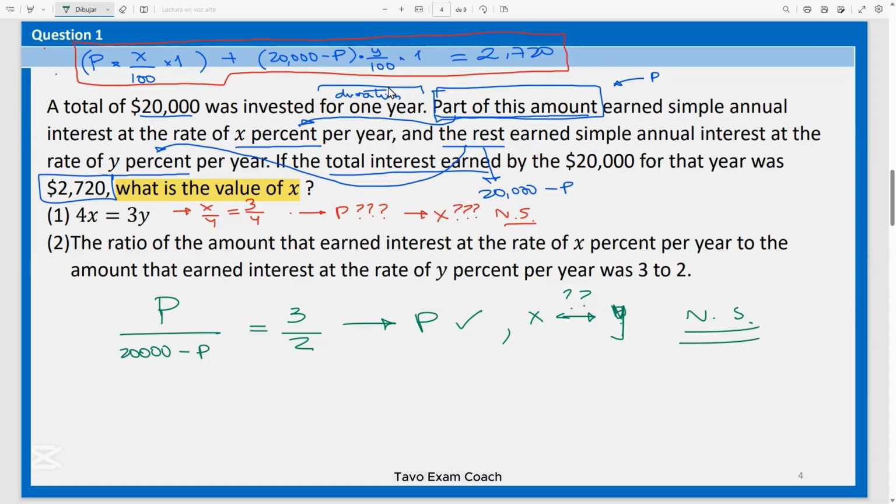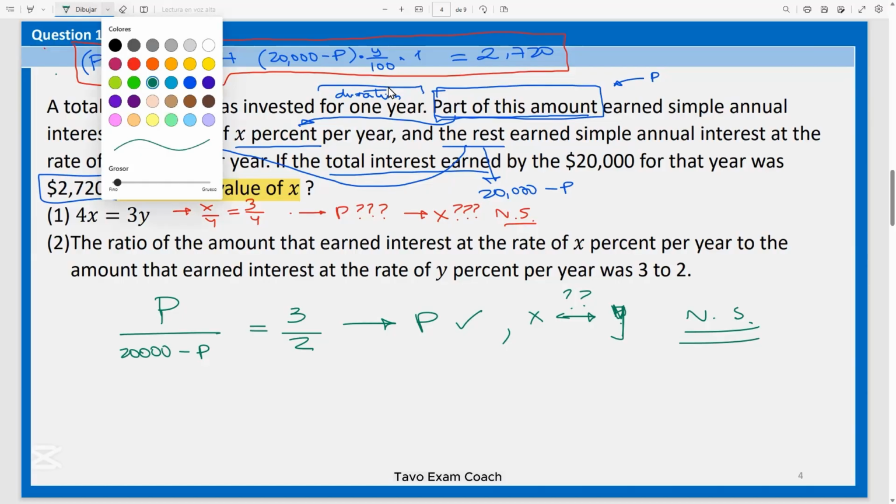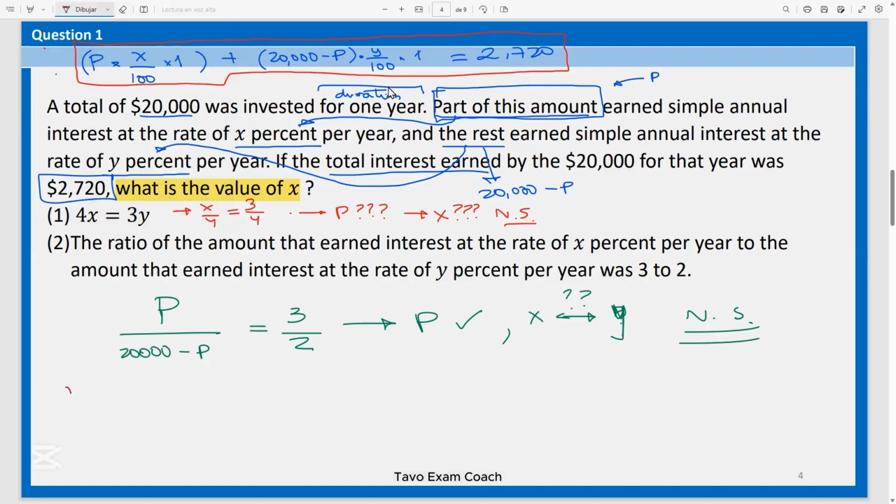But then when you consider the information of statements 1 and 2 together, it becomes clear that we can find a unique value for each of the three variables. Okay, I have the equation above, equation number 1. This is our equation number 2, and this is our equation number 3.